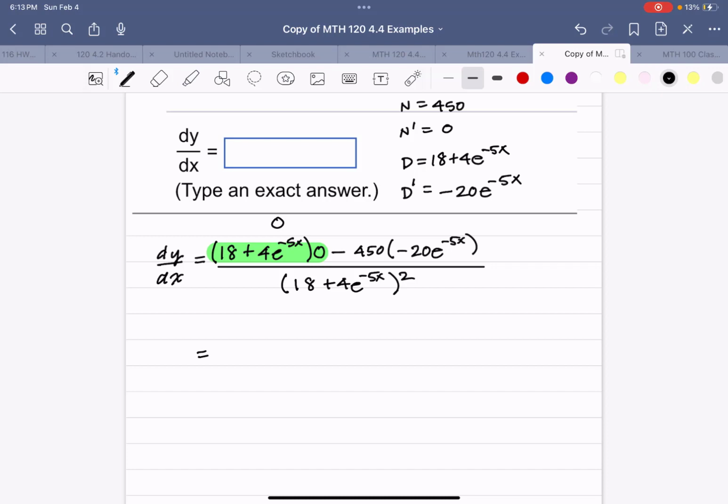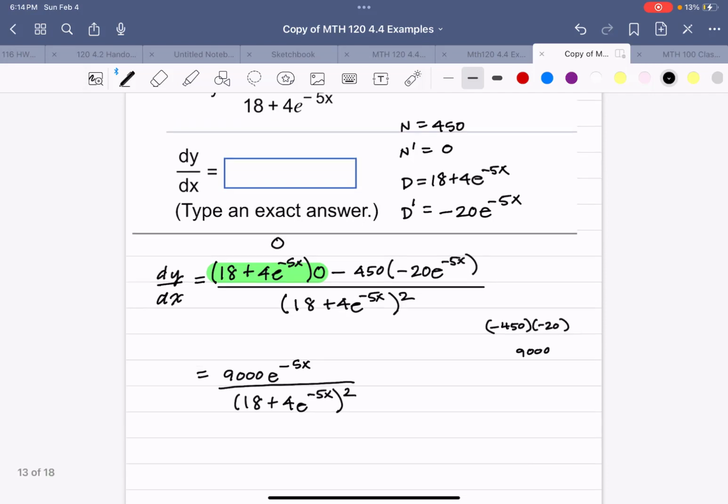So I'm going to be left with negative 450 times negative 20. That's going to be 9,000, positive, because a negative and a negative, right? So 9,000 e to the negative 5x, all of that divided by 18 plus 4e to the negative 5x, quantity squared.